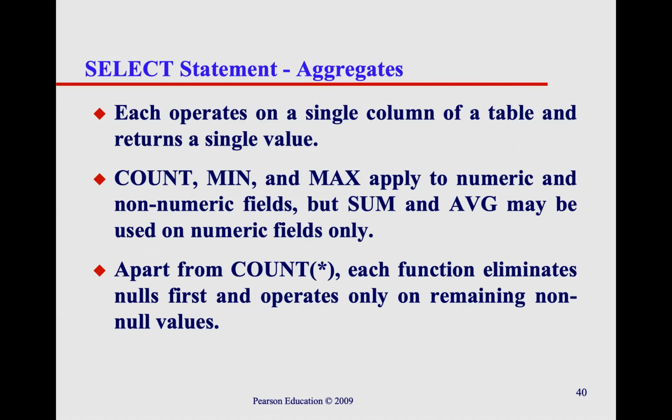Okay, so one important thing is what happens when you have nulls in the field. All the numeric functions eliminate nulls. So min, max, average, and sum eliminate the nulls because there's no sense operating on nulls. Only count counts nulls. So count will take into account null values.